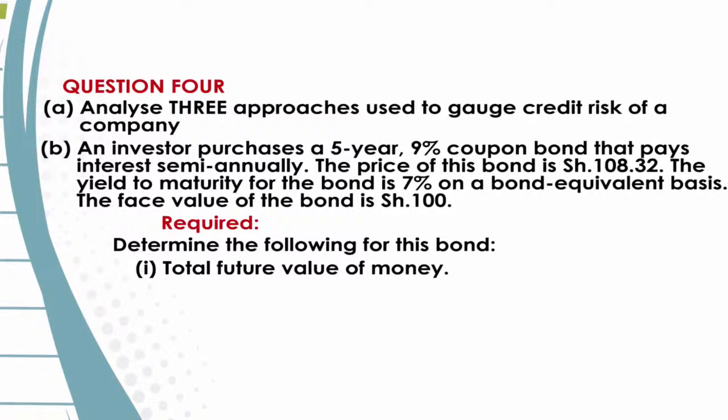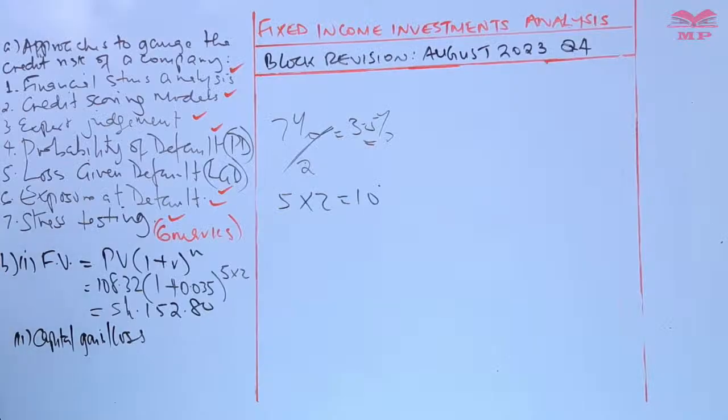Then Roman 2, we have to calculate the capital gain or loss. What do you mean by capital gain or loss? Candidates, for a bond that is held to maturity, there will be a capital loss if the bond is purchased for more than its par value.